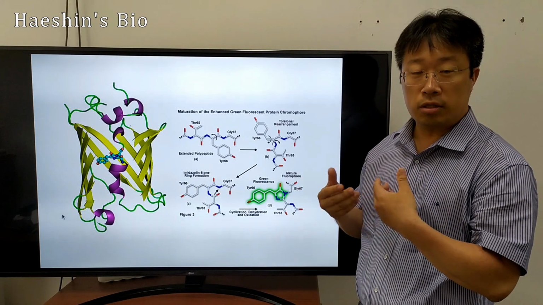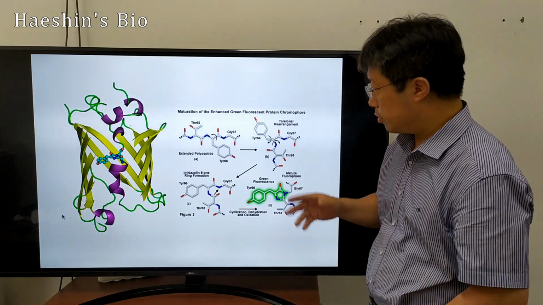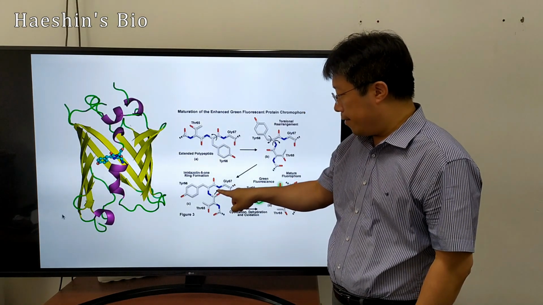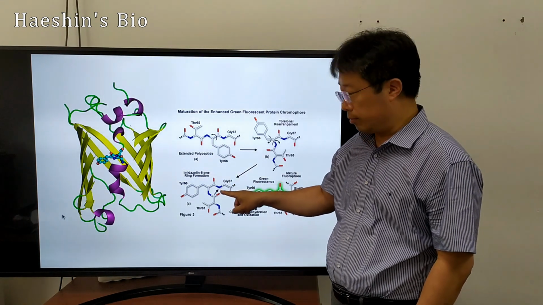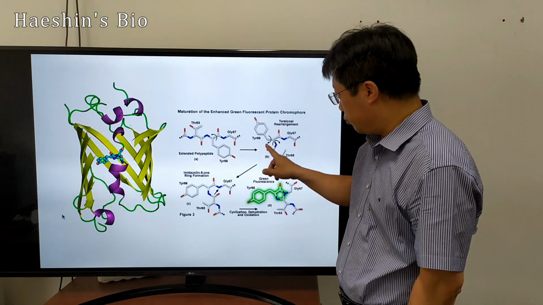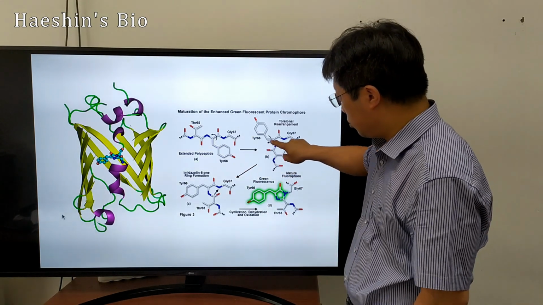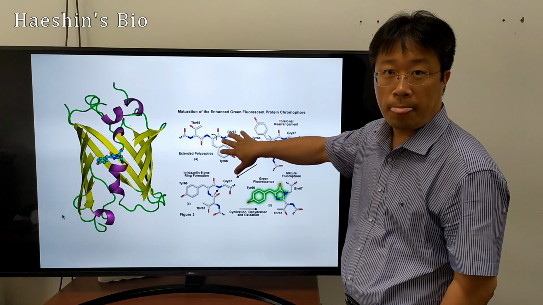That's why you have alpha helices and beta strands and three-dimensional structures. But in the case of GFP, this amide bond is actually chemically reactive. It is reactive toward each other, and these rotations are sterically hindered.